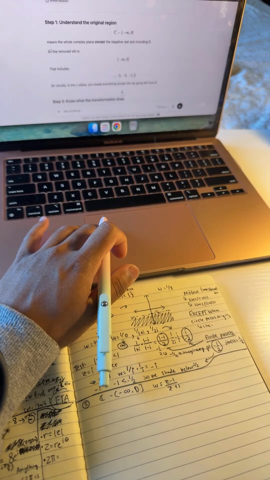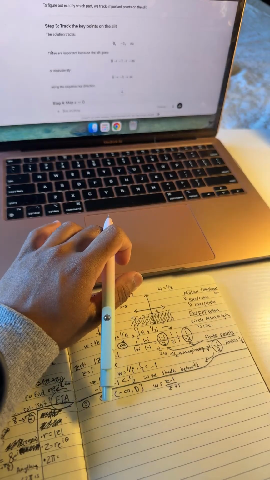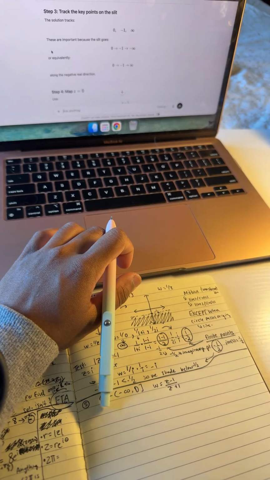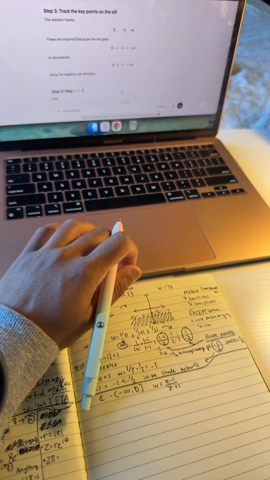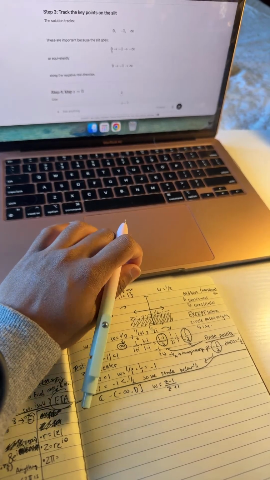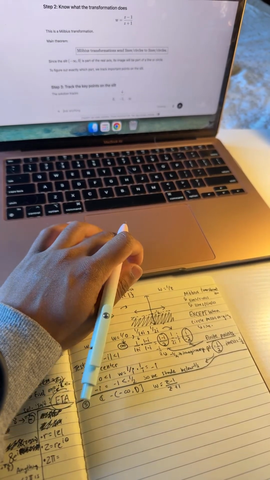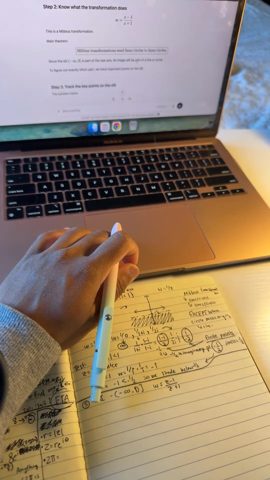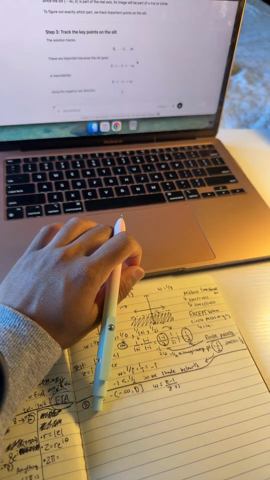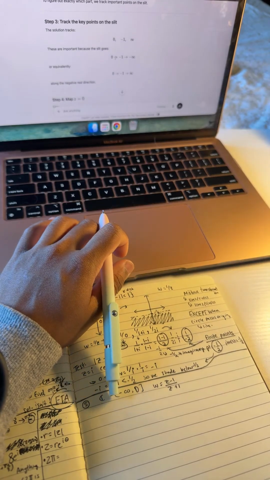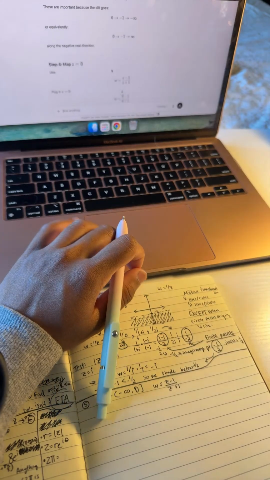So yeah, we have the negative real axis and the Mobius transformation. What we want to do is track 0, -1 to infinity. These are important because the slit goes from 0, -1 to negative infinity, or equivalently 0, -1 to infinity, another negative real direction.